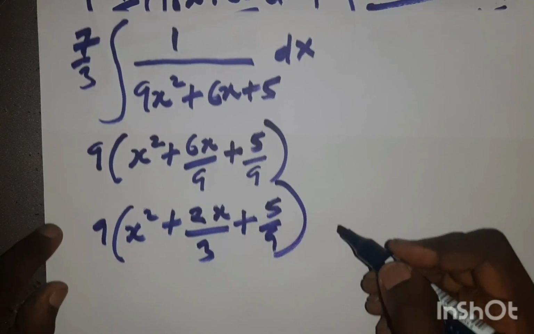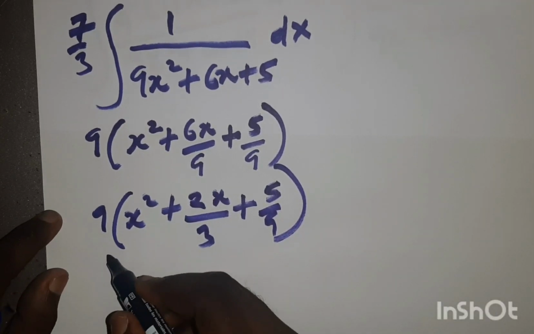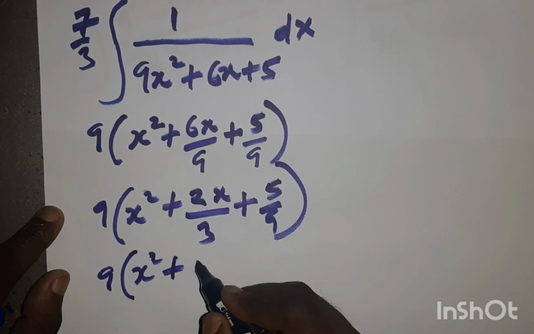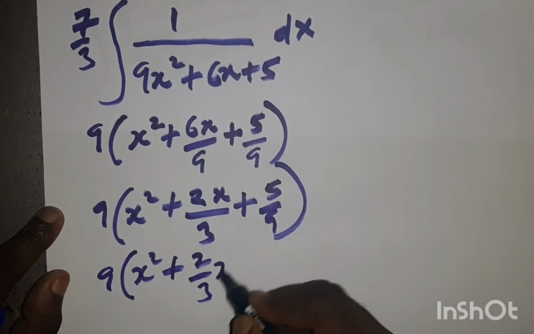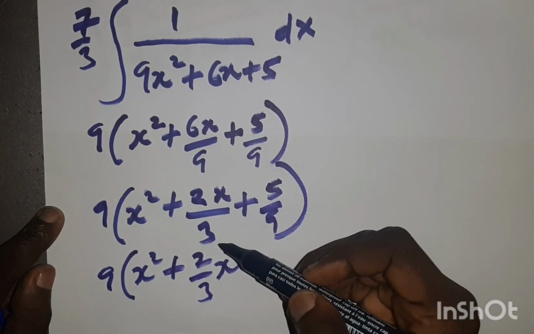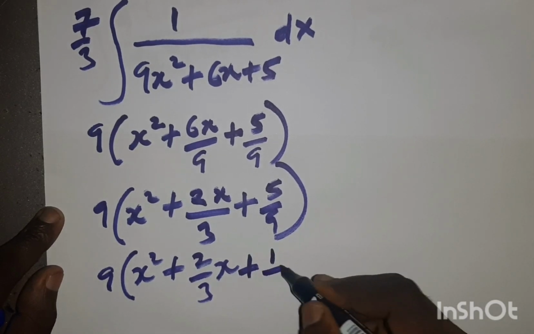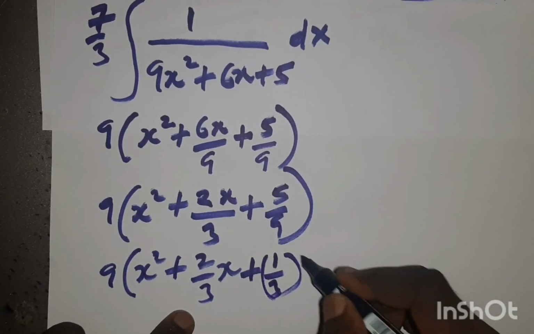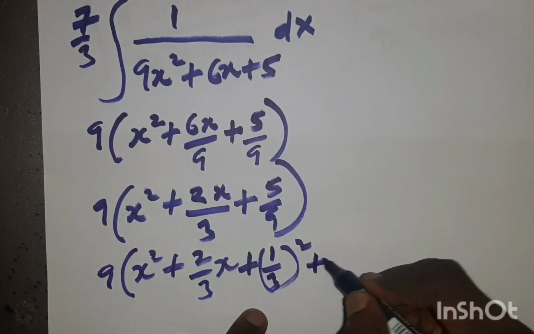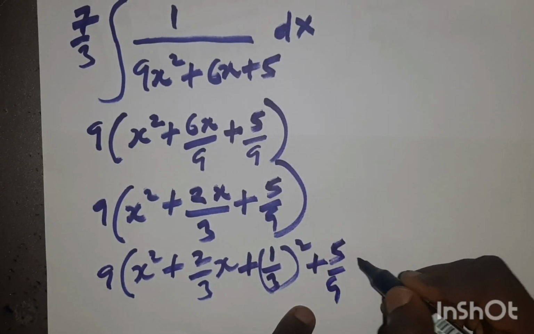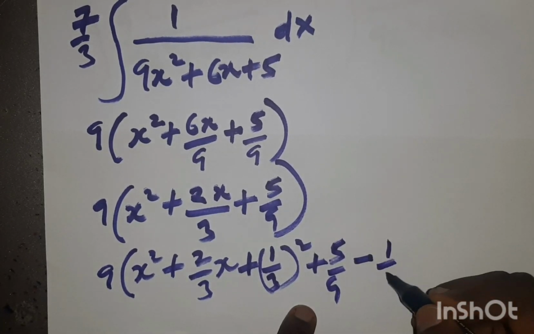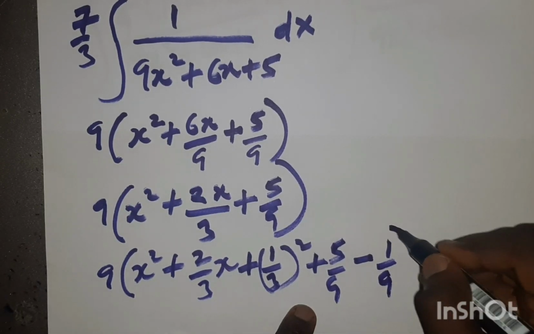Then 9 into x² + 2/3 x. If I divide 2/3 by 2, I'll get 1/3, and I'll square it, add it to this side, 1/3 squared. Then I'll have it here also plus 5/9, then minus that same 1/3 squared, which is 1/9. Then close the main bracket.